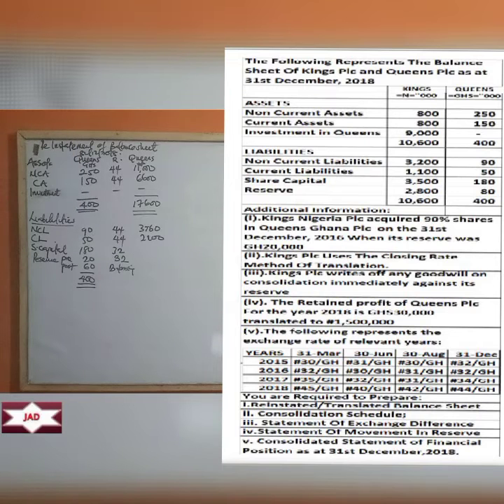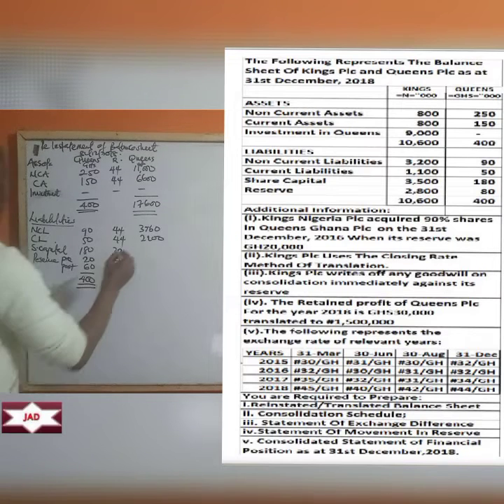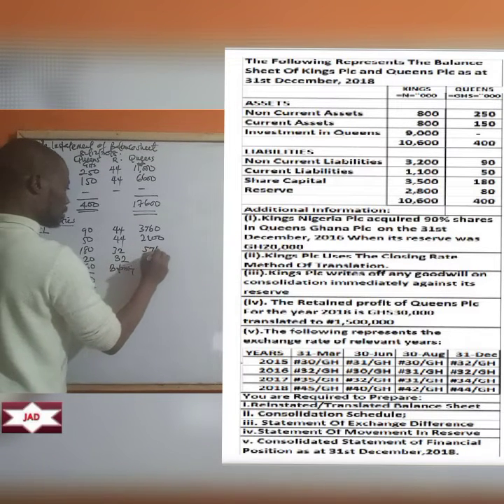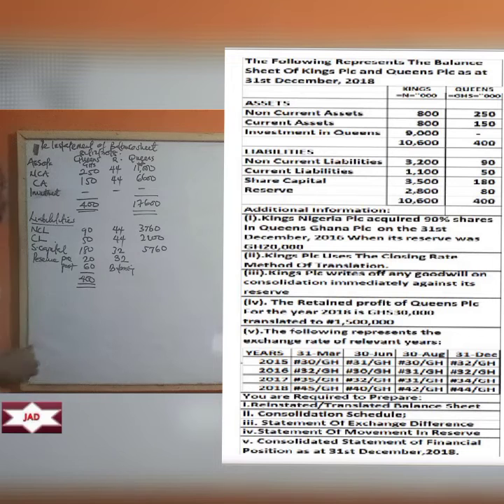Share capital: 180 times 32 is 5,760. 20 times 32 is 640.